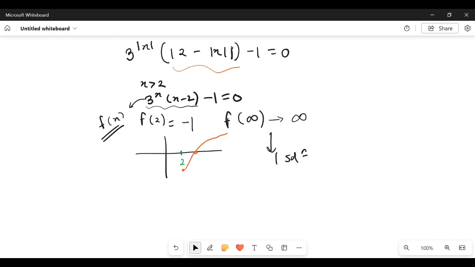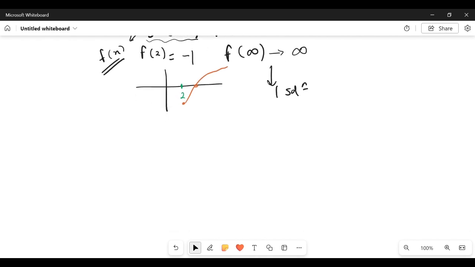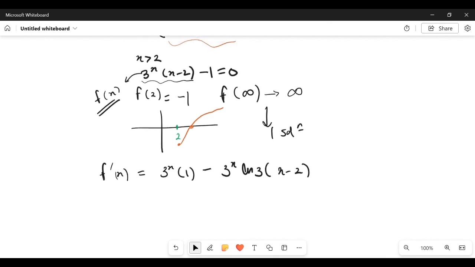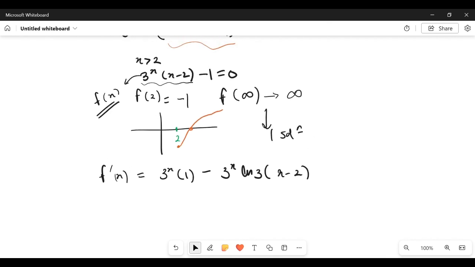Now let's view it like this. What is f dash x? f dash x would be 3 to the power x, 1 minus ln 3 times (x minus 2). Why? Because we first differentiate this part, and the derivative of a to the power x is a to the power x ln a.